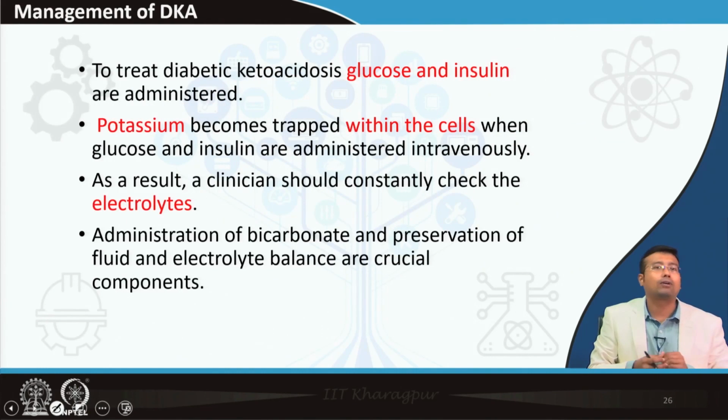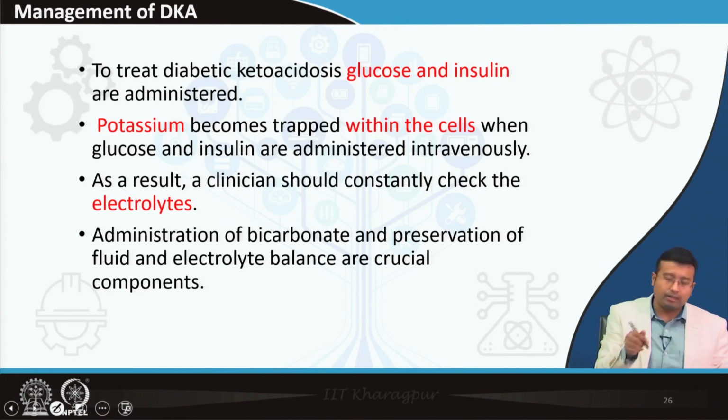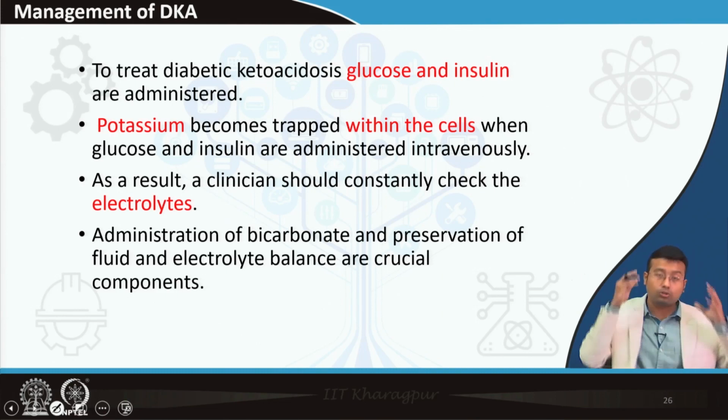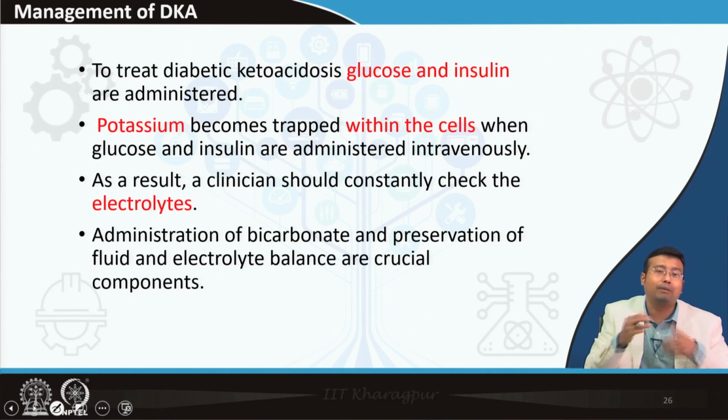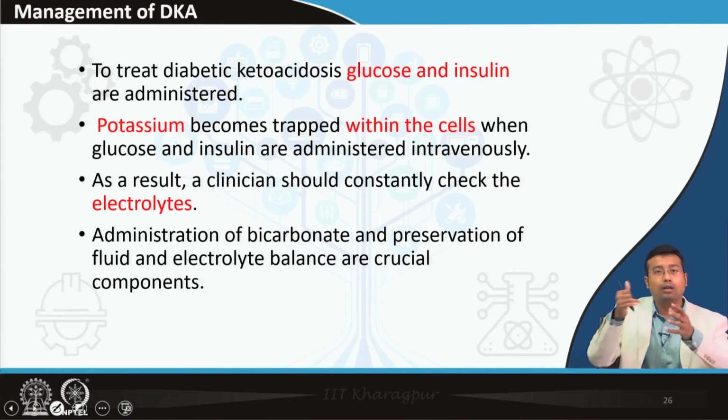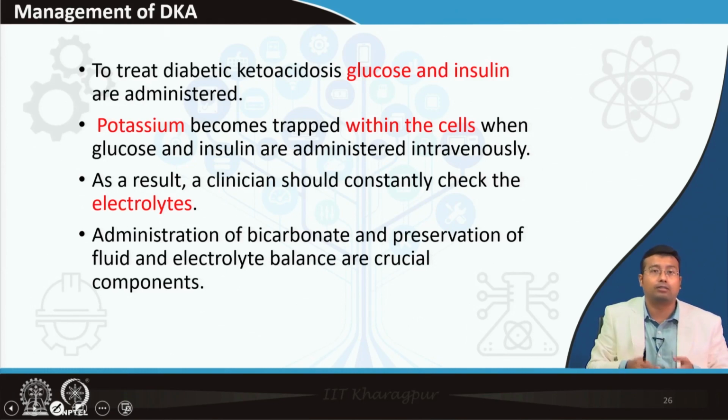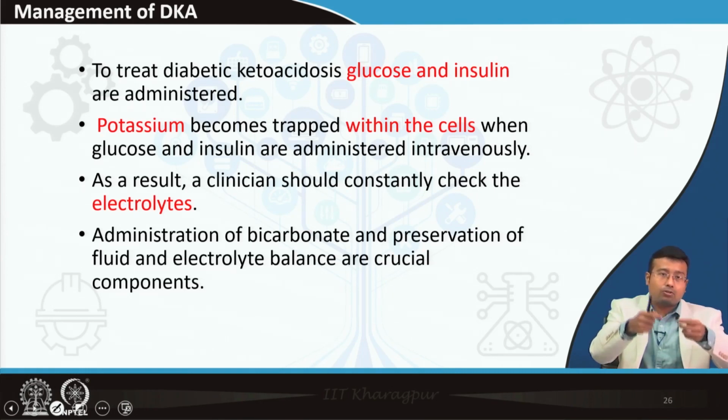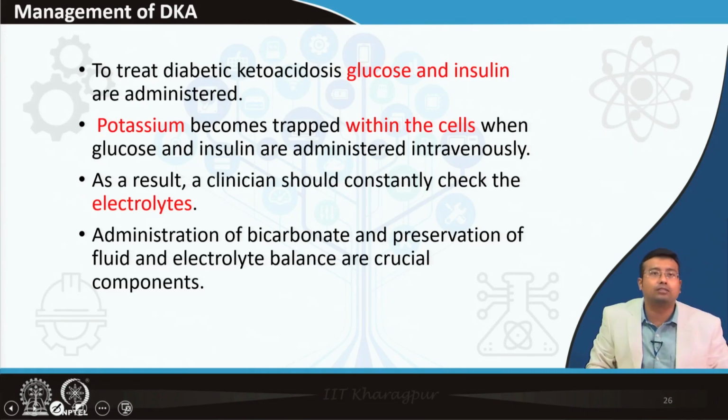And lastly, how can we manage or treat this condition? To treat diabetic ketoacidosis, we need to inject glucose and insulin. Glucose to replenish the hypoglycemic state, and insulin so that all the metabolic phases are reversed. Now, this insulin has a very vital role by which it actually triggers entry of potassium into the cell.